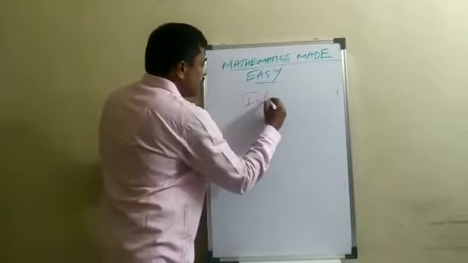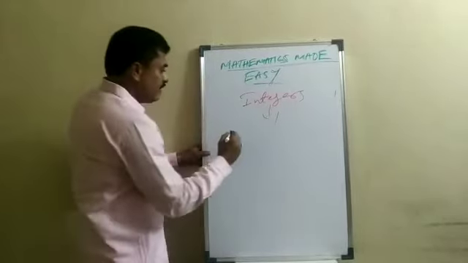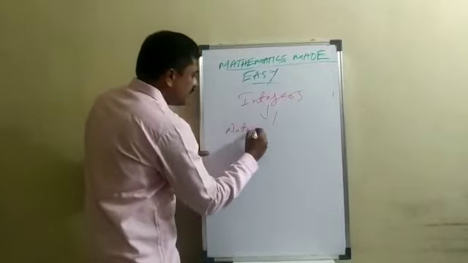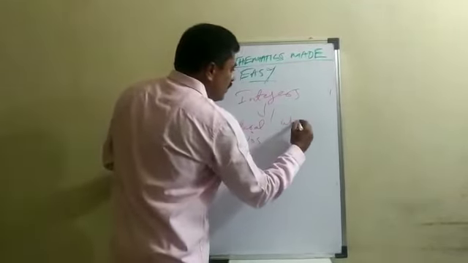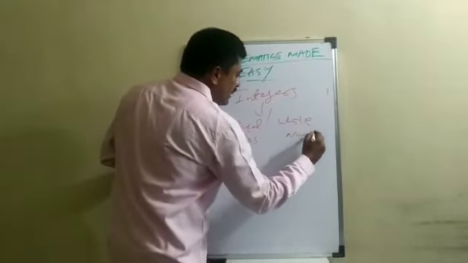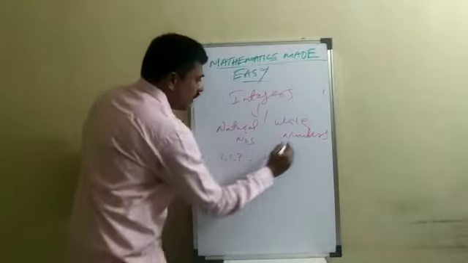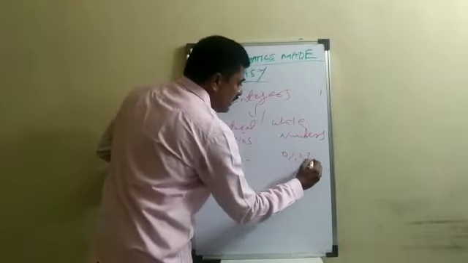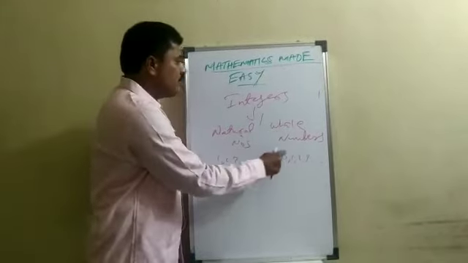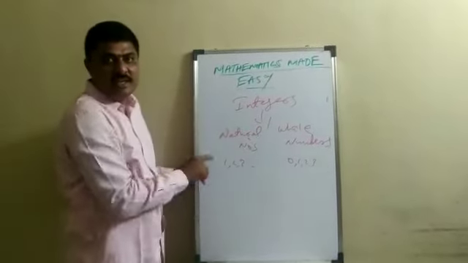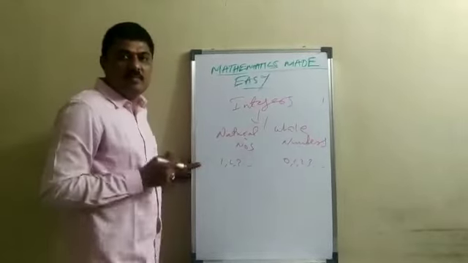The integer set contains natural numbers and also whole numbers. Natural numbers are 1, 2, 3. Whole numbers are 0, 1, 2, 3. Here we can say that all natural numbers and whole numbers are present in integers. In this way we can classify different types of numbers.